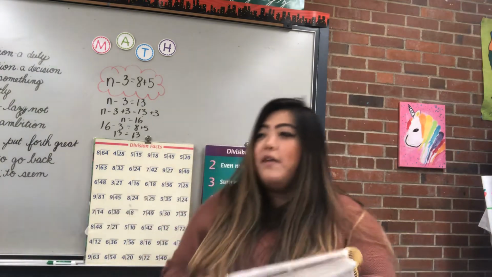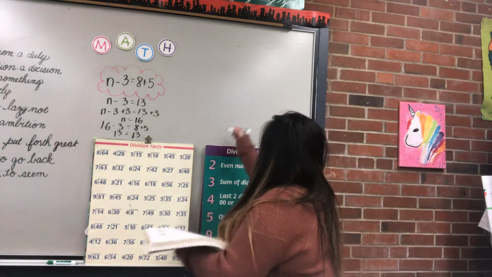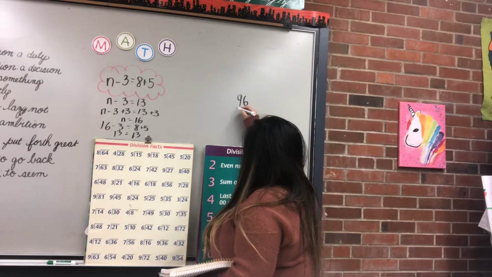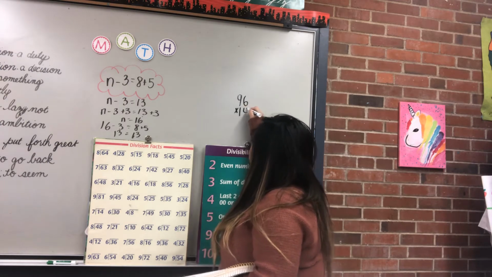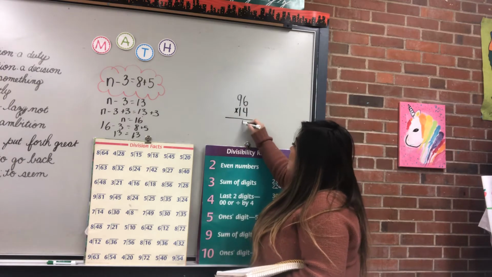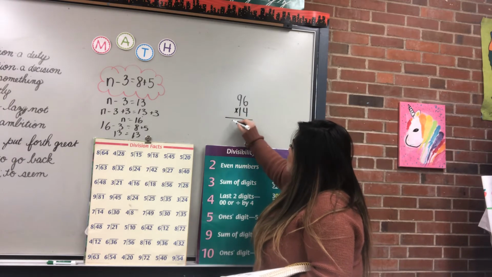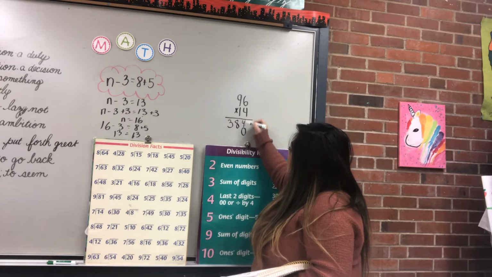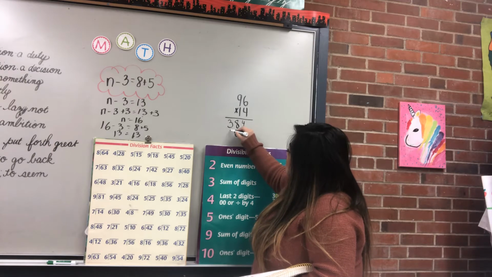If there are 96 pencils in each box of 14, we take 96 times 14. 6 times 4 is 24, and 9 times 4 is 36, plus 2 is 38. Go down, 6 times 1 is 6, and 9 times 1 is 9.